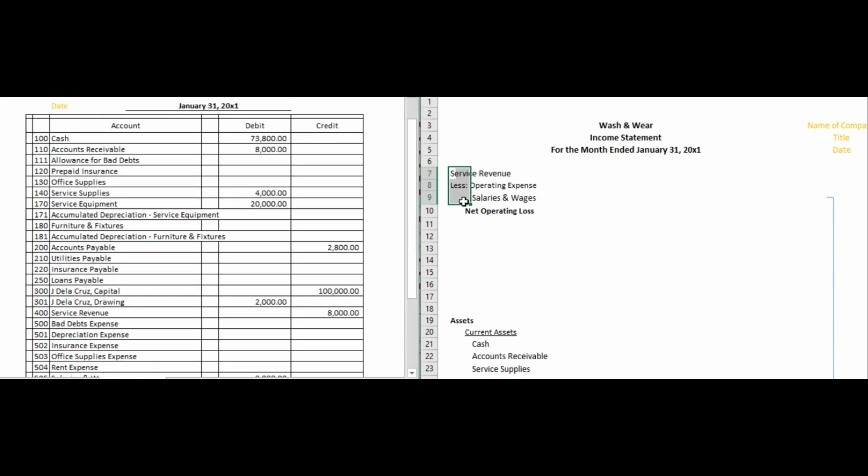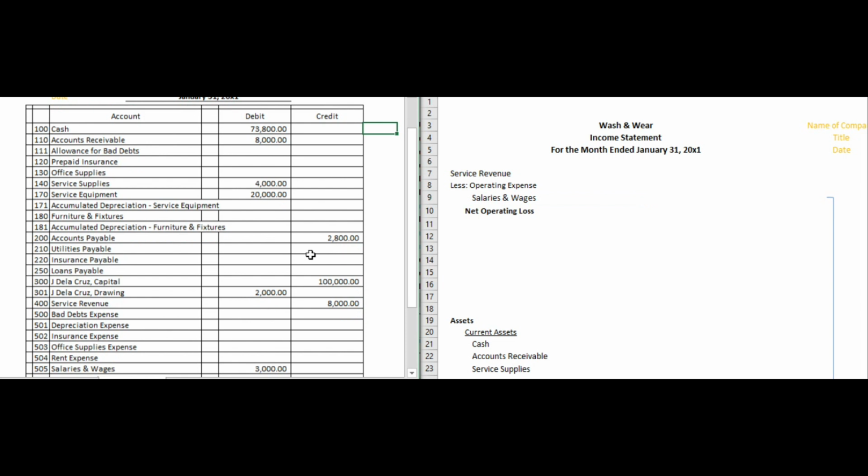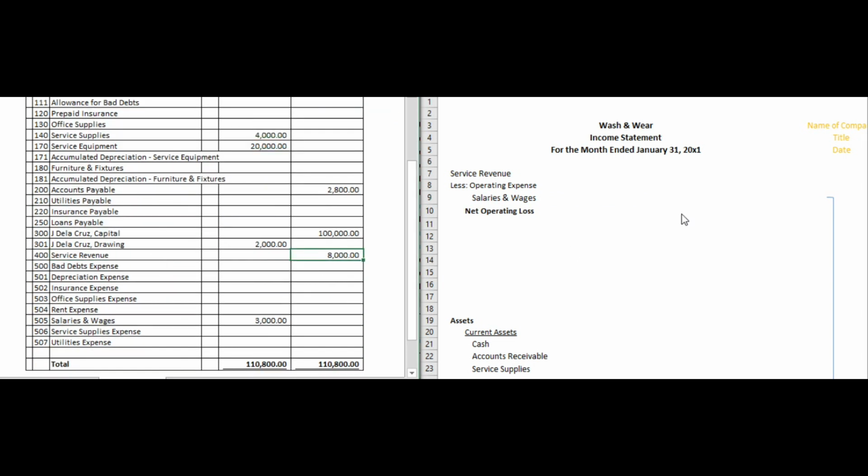Service revenue minus operating expenses. Anyway, may operating expenses, marami kaso. In our example, isa lang. Okay? Service revenue is 8,000. Ayan. Tignan nga natin si service revenue. 8,000. Next, operating expenses. The list of operating expenses are after the service revenue.